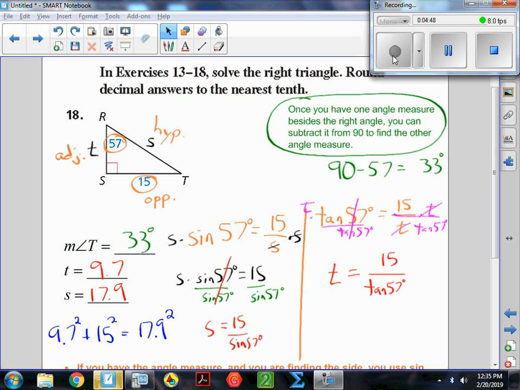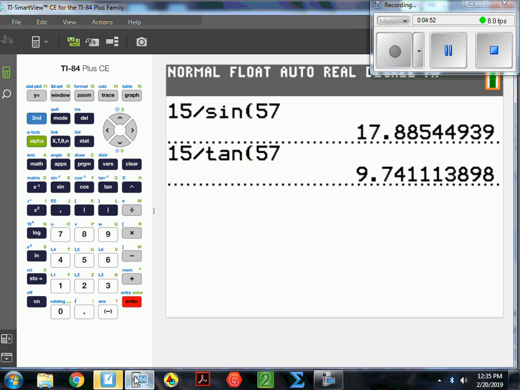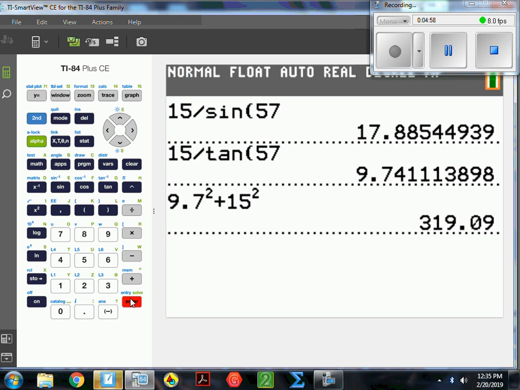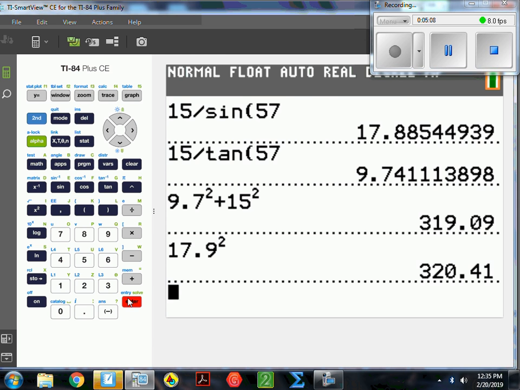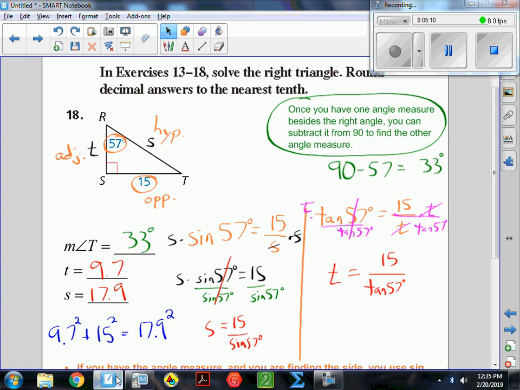So, Pythagorean theorem to check that my sides worked out. 9.7 squared plus 15 squared is 319.09. I want to see if that is close to 17.9 squared. 320 to 319, I think that's pretty close. So there you have it.